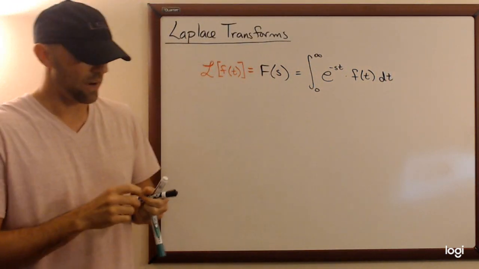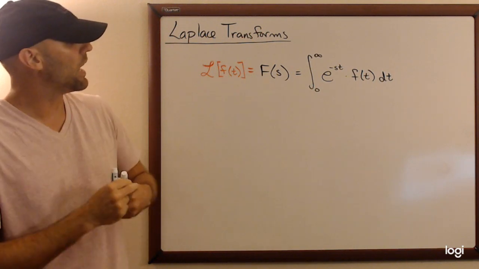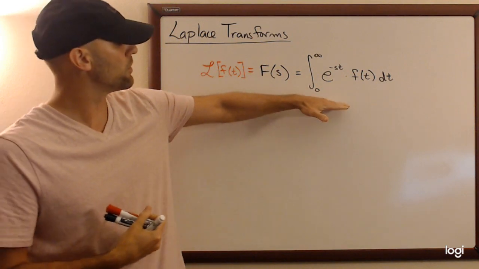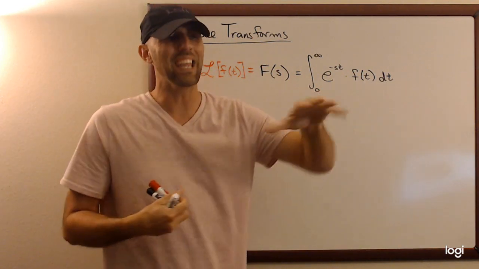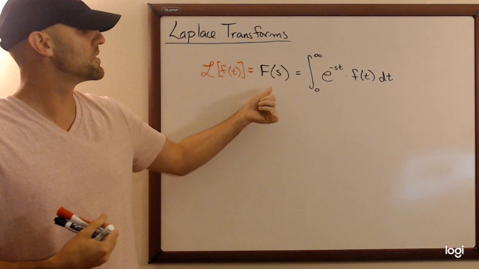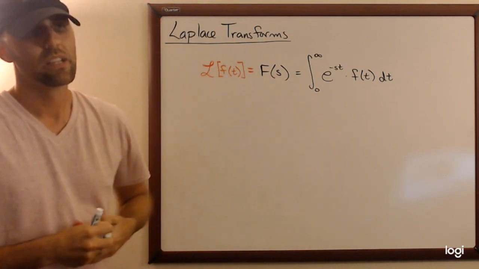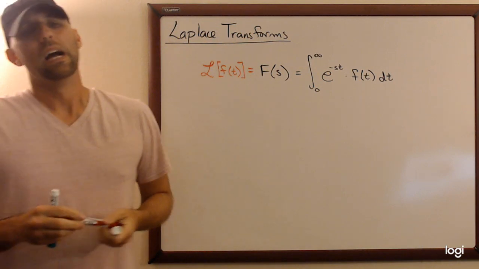The result of this definite integral, it's improper, but it's a definite integral, if it's integrable, is some function in s. That function we get for s is the Laplace transform of f.